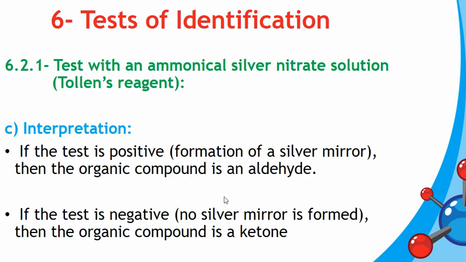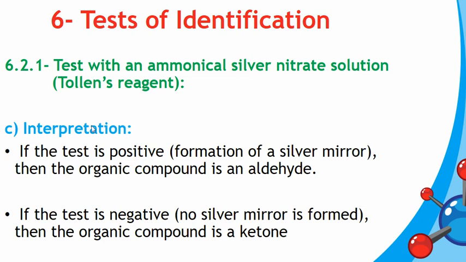Tollens reagent and the Fehling reagent are two oxidation reactions but in basic medium. The oxidant in case of Tollens reagent is the silver ion Ag+. Aldehyde may undergo oxidation, then the test with Tollens reagent is positive.